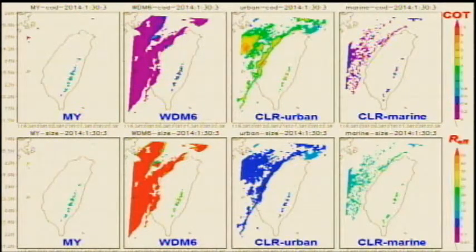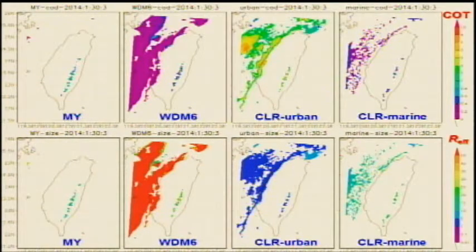For our scheme, the urban type is close to 5 or 6, highest is around 7. So this is closer to observation. If you use the marine type of aerosol, the optical depth is also very low. So our scheme can capture the influence of pollution on the fog formation.